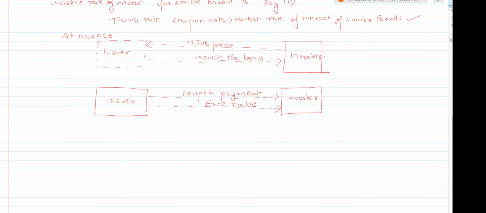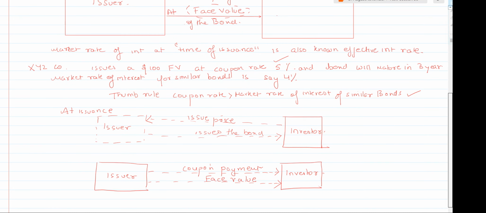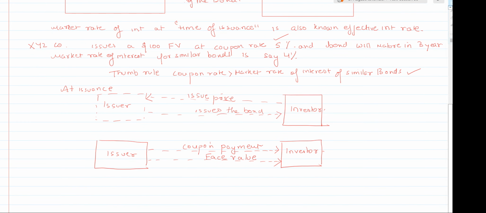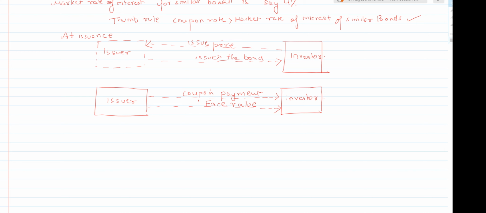What would be the amount of interest, or what would be the amount of coupon that the issuer would pay to the investor? Guys, look at the example. Say this is an annual bond. So, what would be the coupon that the issuer would pay to the investor? $5, right? Every year, the issuer would pay a coupon of face value, right?